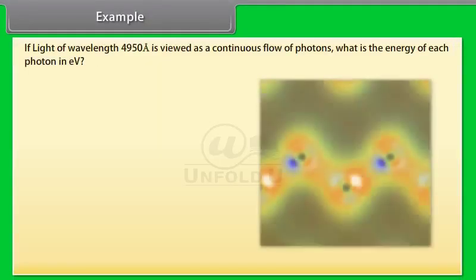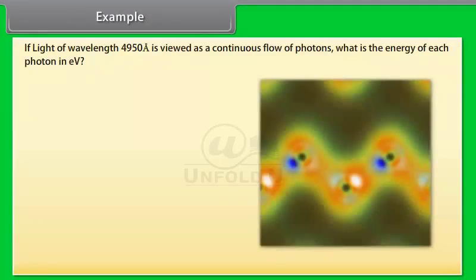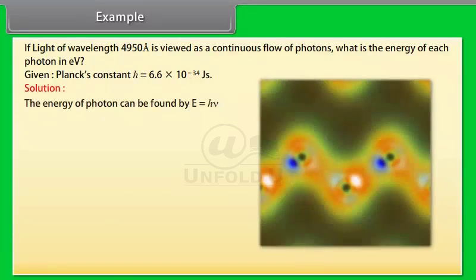Example: if light of wavelength 4950 angstrom is viewed as a continuous flow of photons, what is the energy of each photon in eV? Given Planck's constant h as 6.6 × 10^-34 joule second. Solution: the energy of a photon can be found by E equals hν, E equals hc/λ, equation 1. c is the speed of light, which is 3 × 10^8 meter per second.